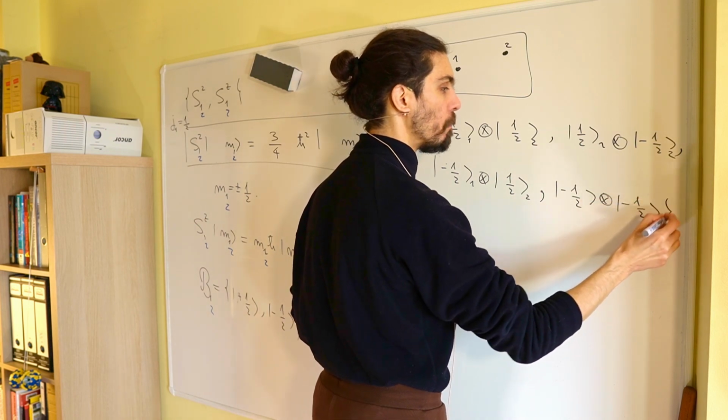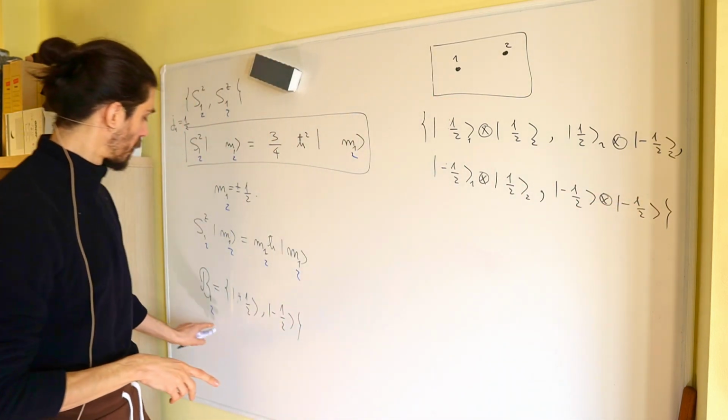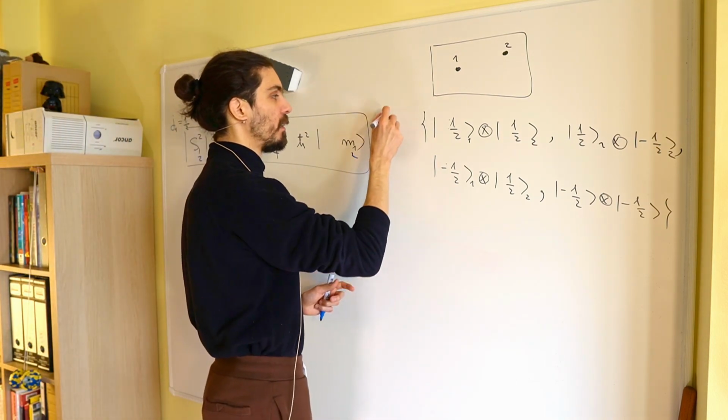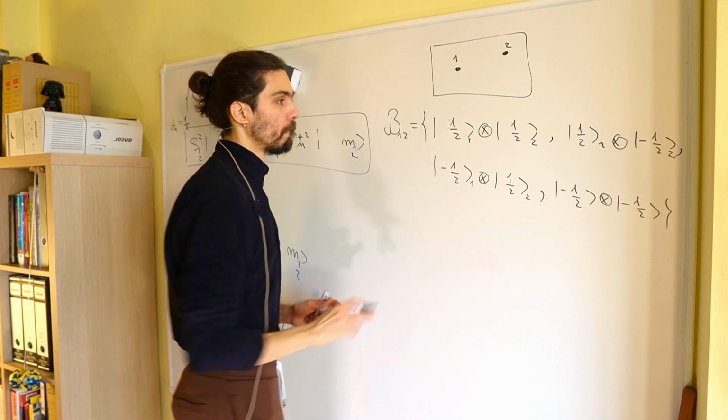So this is the new basis that you construct from B1 and B2. So this is the B total, or B12.